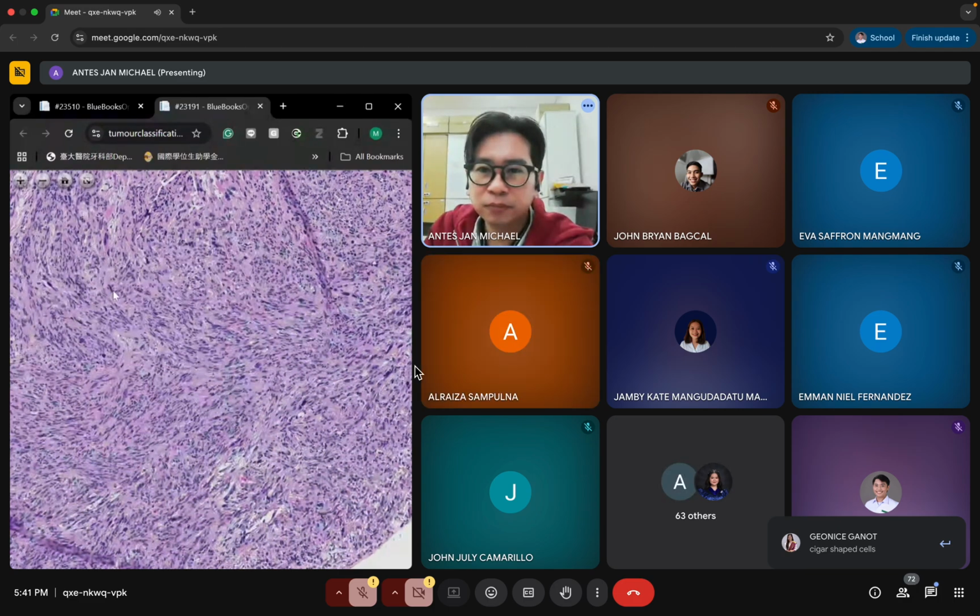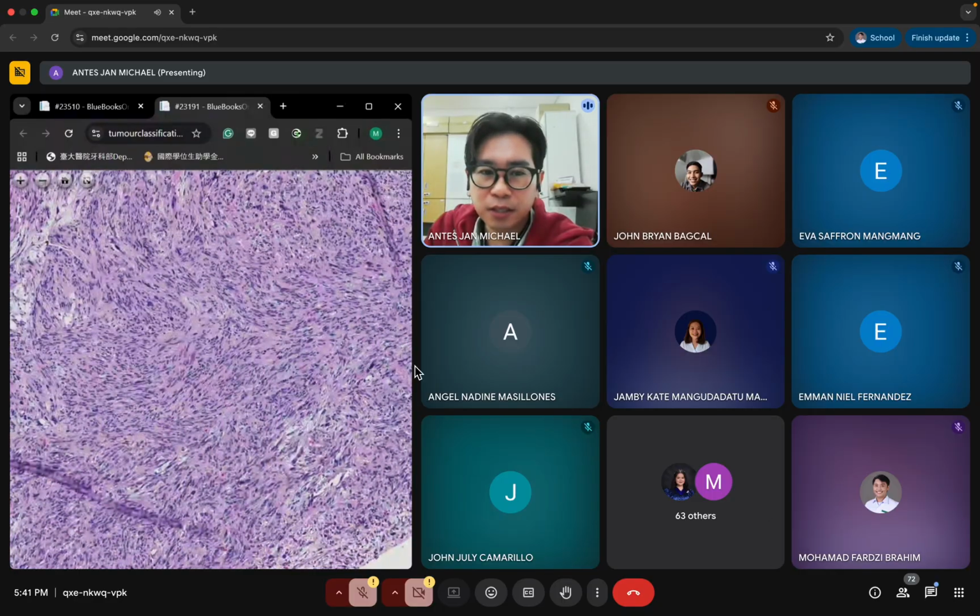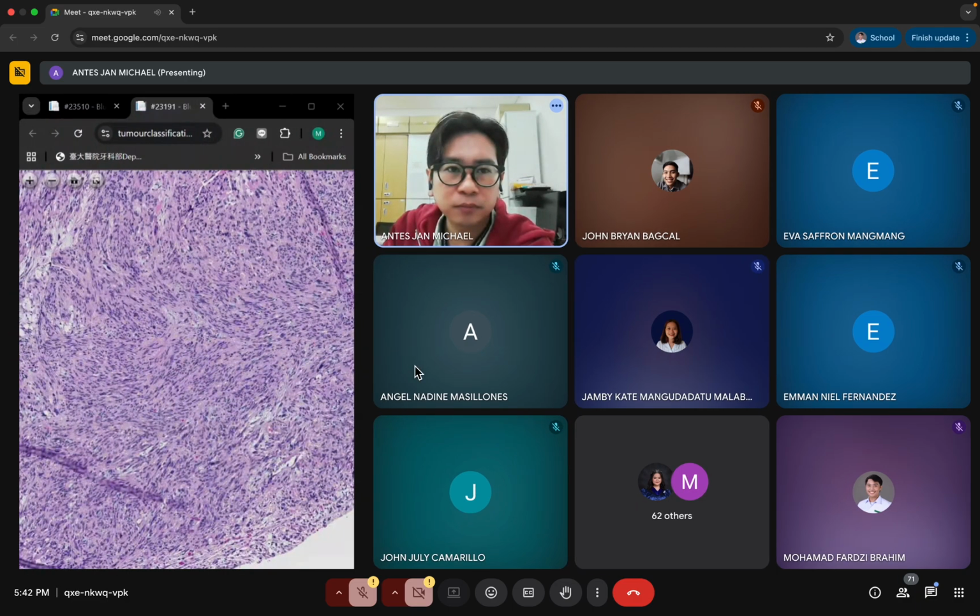Can you describe the direction or the organization of the cells? How are the cells organized? Are they grouped into fascicles?